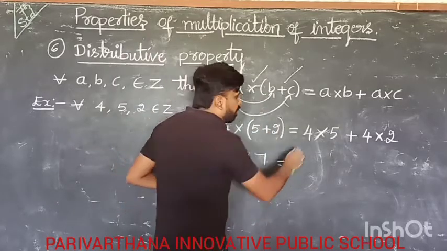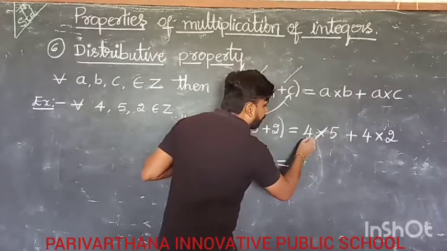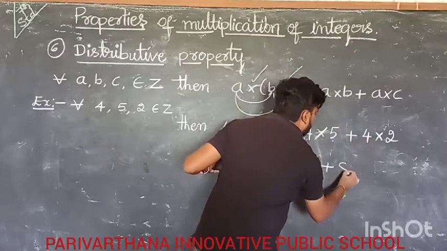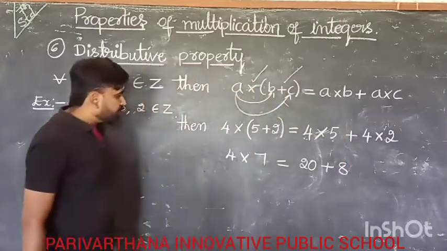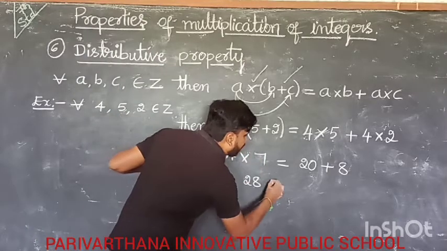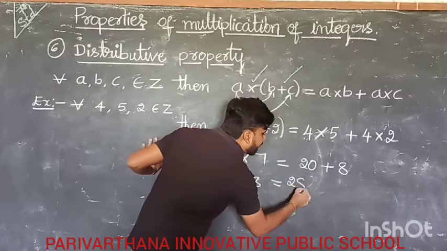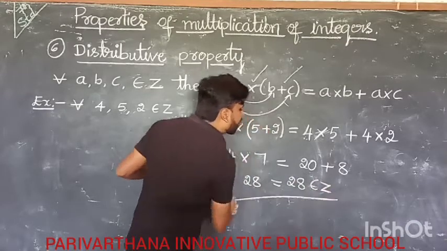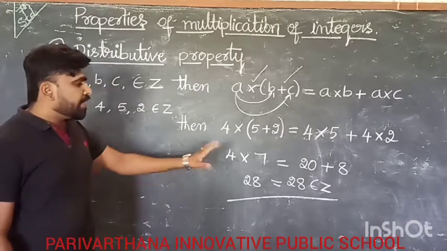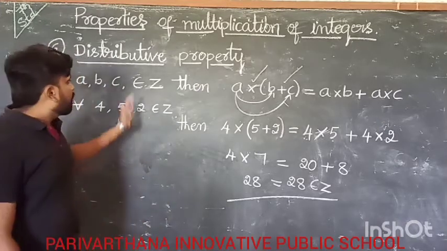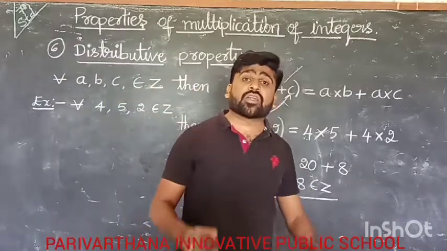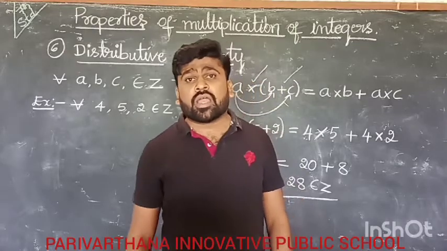Now multiplication, 5 4s are 20 plus 4 2s are 8. Clear? Next step, 4 7s are 28. 20 plus 8, again it is 28. LHS is equal to RHS. Now 28 belongs to integers. That means this distributive property satisfies under multiplication over addition.